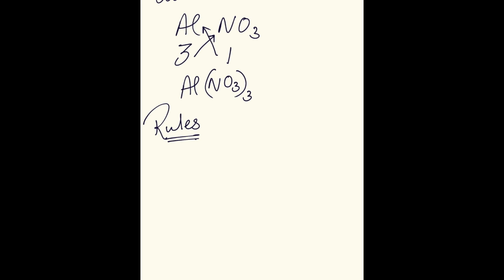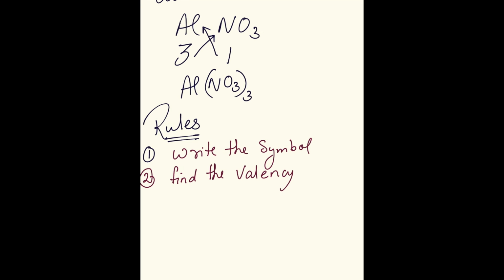You just have to follow the 4 rules in order to frame any polyatomic ion formula. The first rule is you have to write the symbol. Then you have to find the valency.